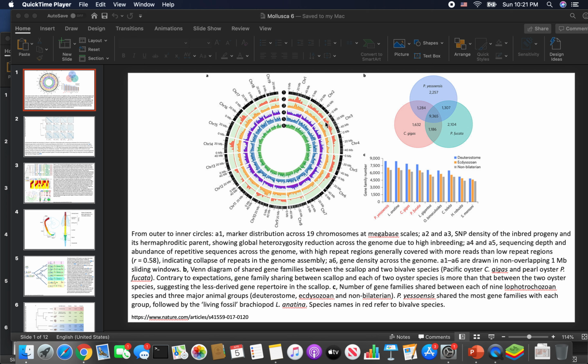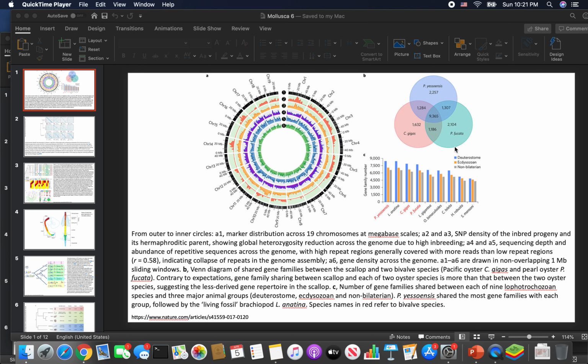And so, for Crassostrea and for the oysters, they are actually going to have 19 chromosomes. So you can see all the little chromosomes there. And they actually have only a few genes in common, about 9,300 in common. And all the rest are going to be specific to one or more groups or specific to one or more individuals.